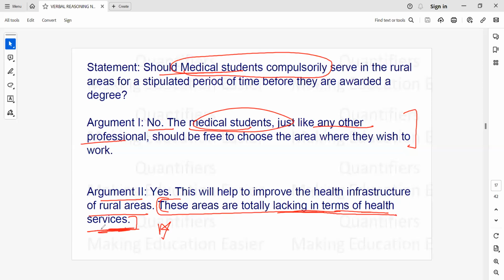So what is required is that they should contribute to the areas where medical facilities are lacking. And secondly, can you see here? It's a stipulated period of time. It is not lifelong, okay? It is just stipulated, so maybe for some period of time. So there's no harm with this option. In this case, both the arguments are strong.